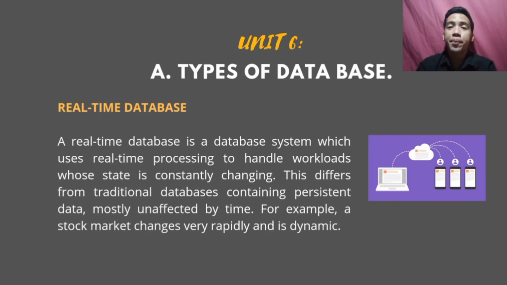Let's go now to the real-time database. It is a database system which uses real-time processing to handle workloads whose state is constantly changing. This differs from traditional databases containing persistent data, mostly unaffected by time. For example, a stock market changes very rapidly and is dynamic. Real-time processing means that the transactions are processed very quickly, enabling the organization or other integrated systems to act on the data immediately.